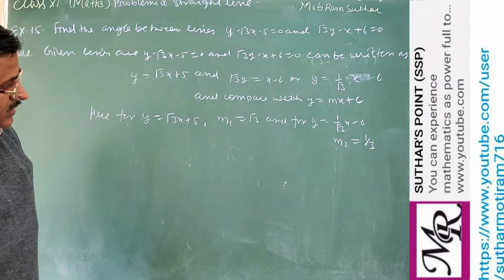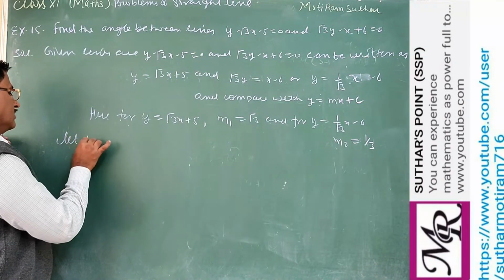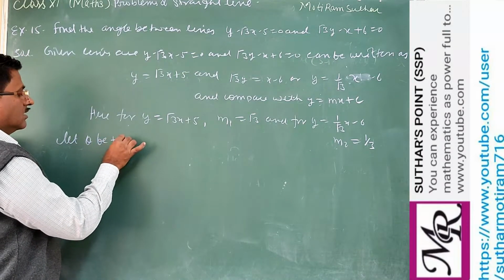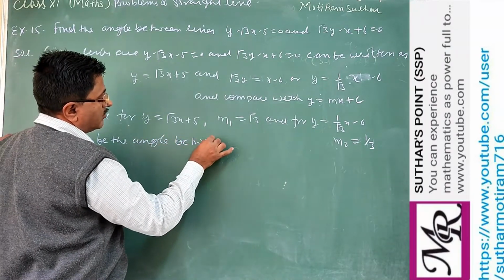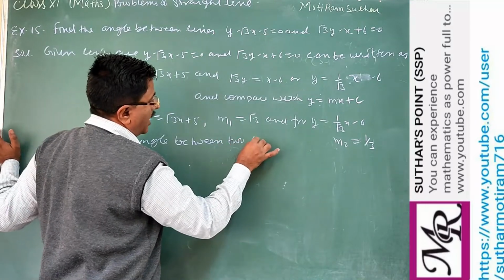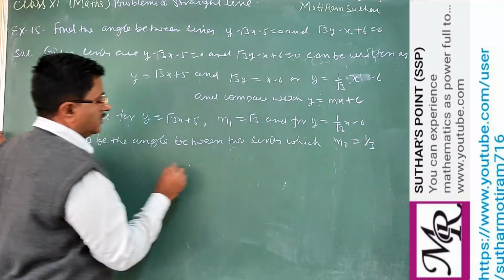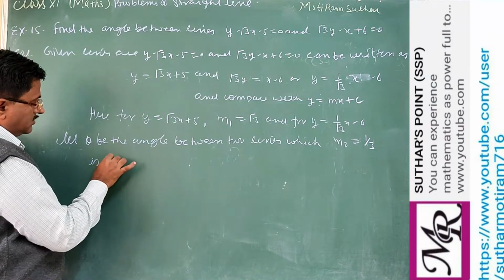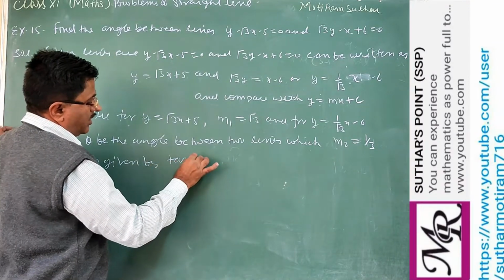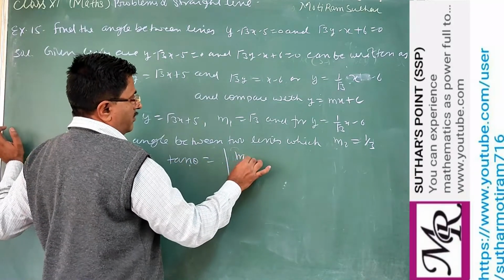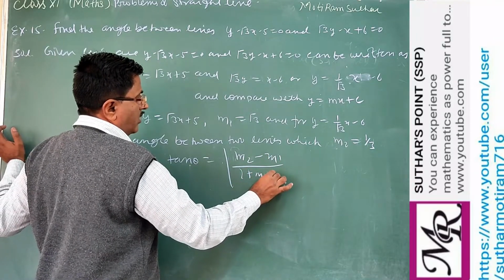So after getting the slope, we can find the angle. So you can say that theta be the angle between two lines, which is given by tan theta equal to mod of (m2 minus m1) upon (1 plus m1 m2).